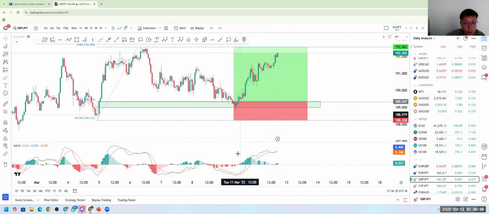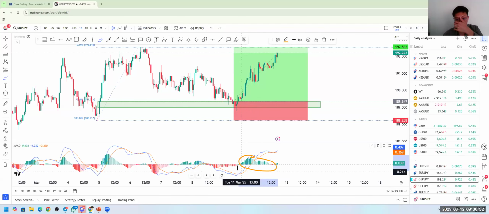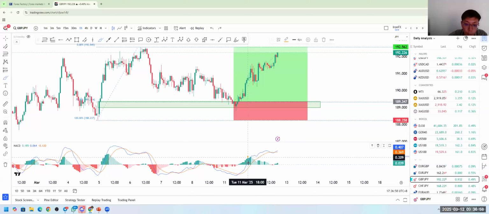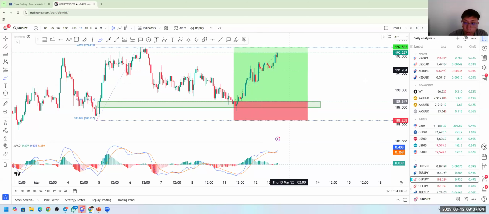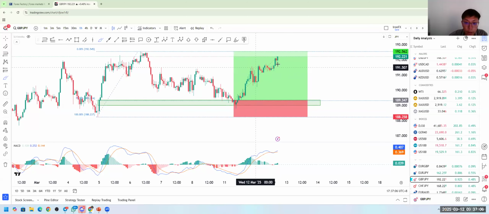So MACD is a good indication of whether it is a buyer's market now or a seller's market now, based off this histogram along with this crossover. For MACD, this is something like the volume indicator, showing the strength of the current price right here.